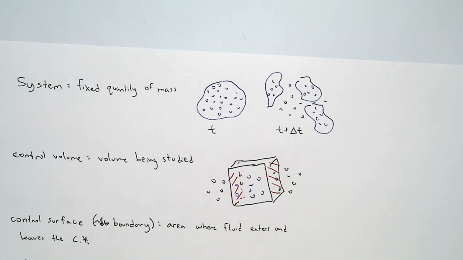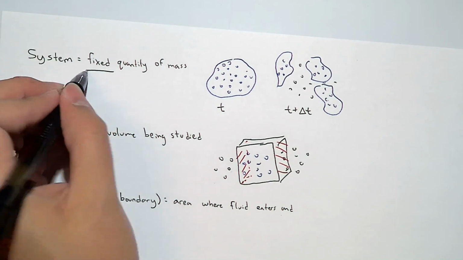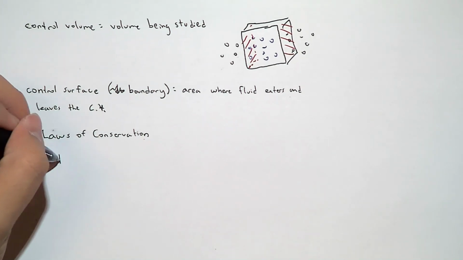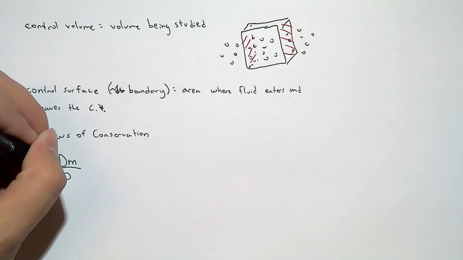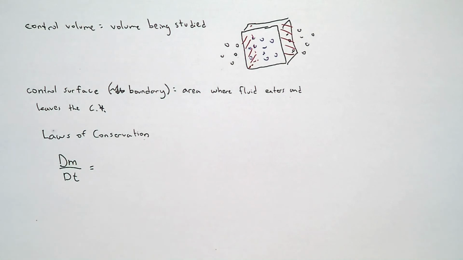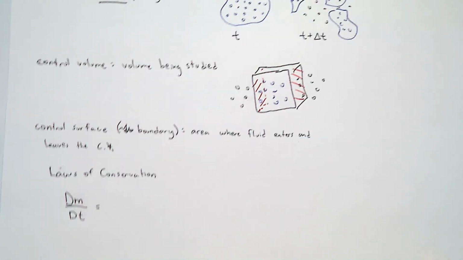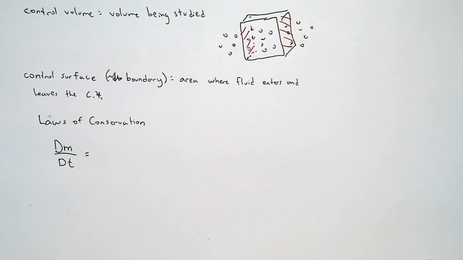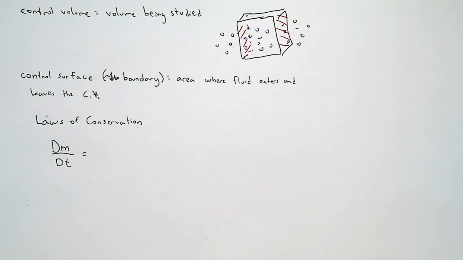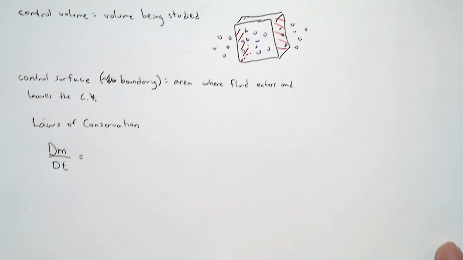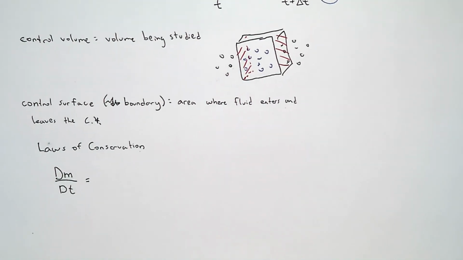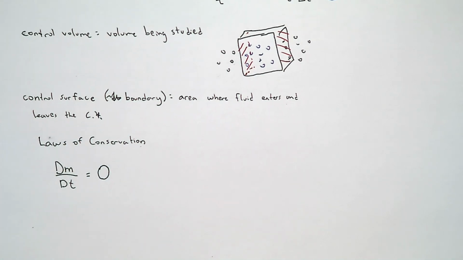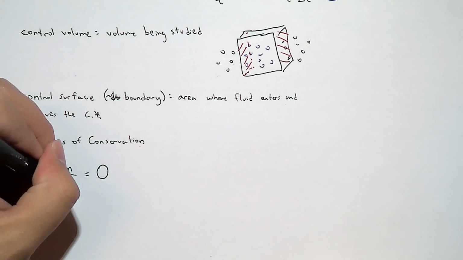Well, a system is a fixed, I'm going to note that word, quantity of mass, right? So the change in mass in a system with respect to time is what? I'm going to go back. The system is a fixed quantity of mass. So the change in mass in a system is what? 0, right? There is no change because this is a fixed quantity of mass, so it doesn't change. So the conservation of mass law tells us that the change in mass with respect to time in a system is 0.